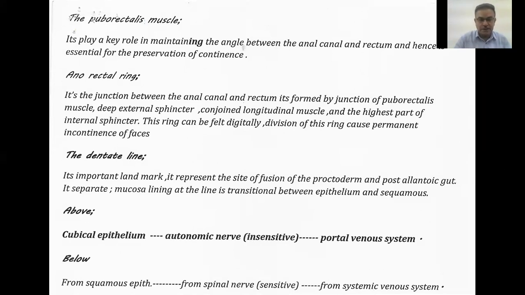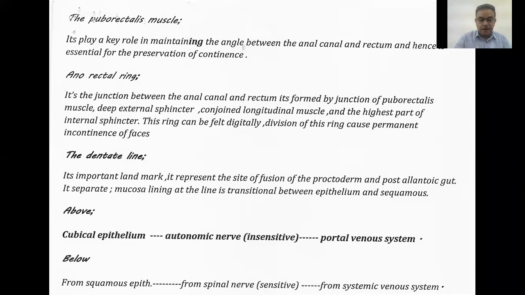The anorectal ring, the junction between the anal canal and the rectum, is formed by the junction of the puborectalis muscle, the deep external anal sphincter, the conjoined longitudinal muscle, and the highest part of the internal sphincter. The ring can be felt digitally, and division of this ring will cause permanent incontinence of feces.